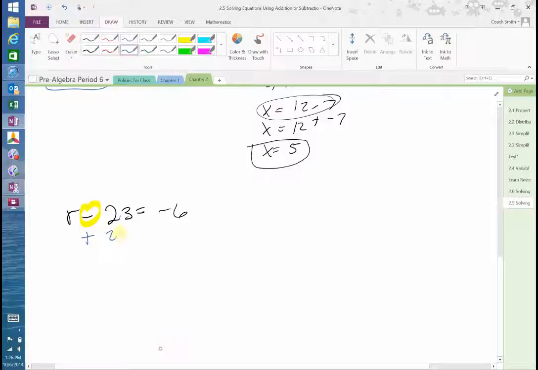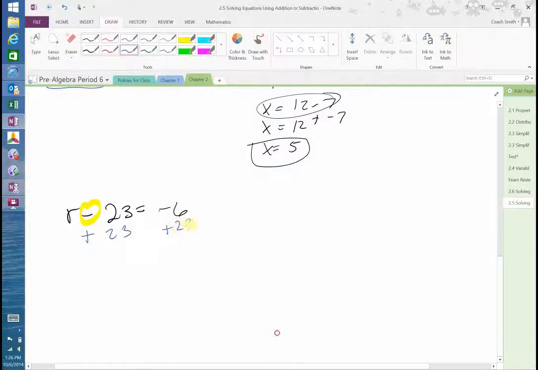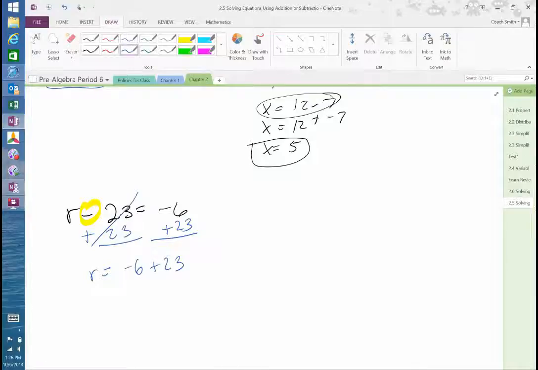So I'm going to add 23 to both sides. Over here it cancels, leaving me with r equal negative 6 plus a positive 23. So what is negative 6 plus a positive 23? 17. That is your answer.